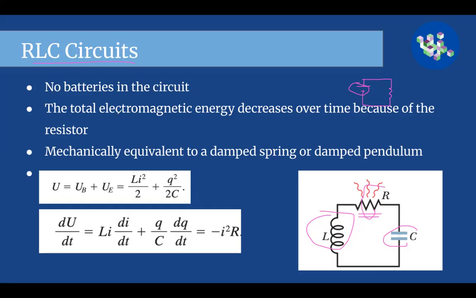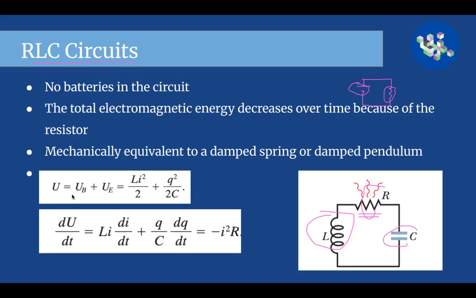So we have a constant current over time, because the overall electrical energy stays constant. The battery provides energy, and at the same time the resistor is releasing energy from the circuit.